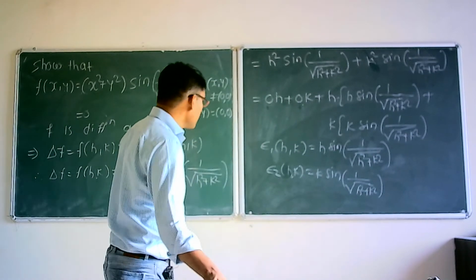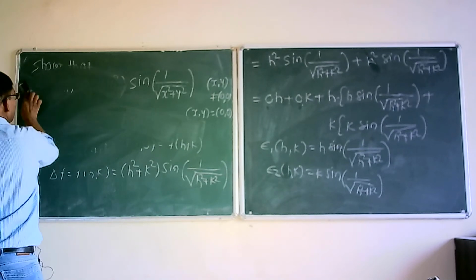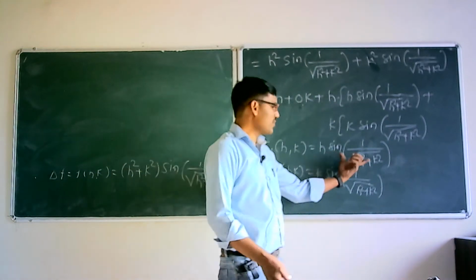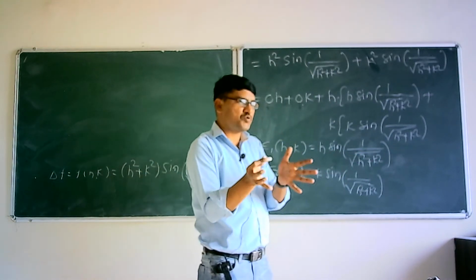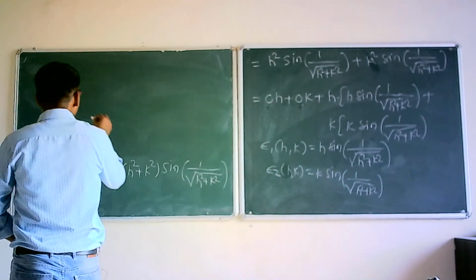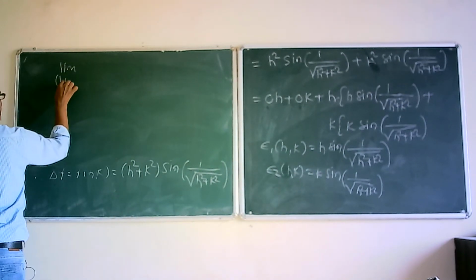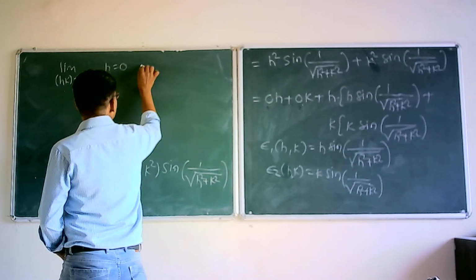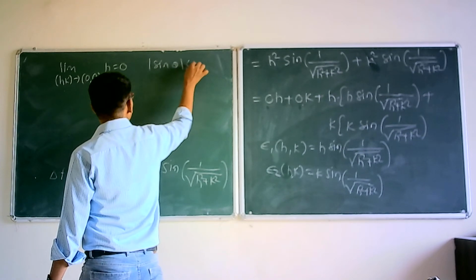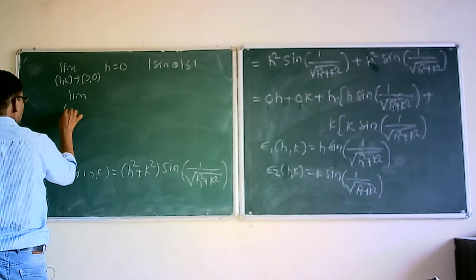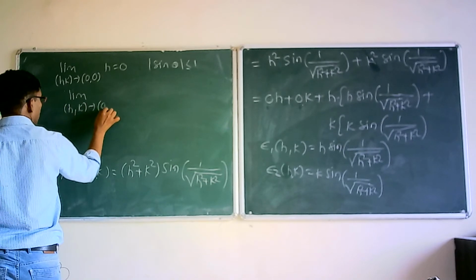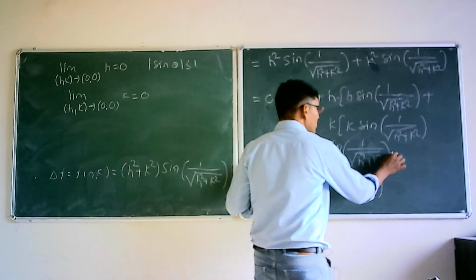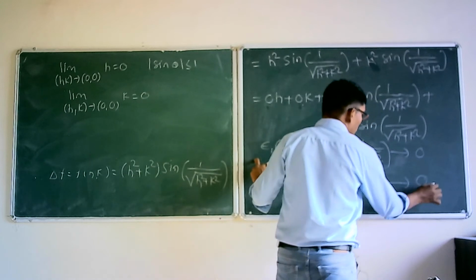Now as (h,k) tends to (0,0), since sine is a bounded function, |sin θ| is less than or equal to 1, and as (h,k) tends to (0,0), h tends to 0. Similarly, k tends to 0, and sine is a bounded function, and therefore as (h,k) tends to (0,0), ε1 tends to 0 and ε2 tends to 0.